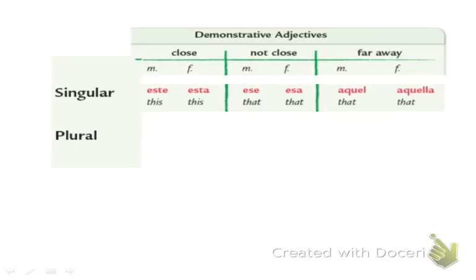So you would have to use the feminine form, which would be esta calculadora. If the item that I'm talking about is not right here next to me, and I want to say that one or that calculator, it's not close to me, I would use esa.